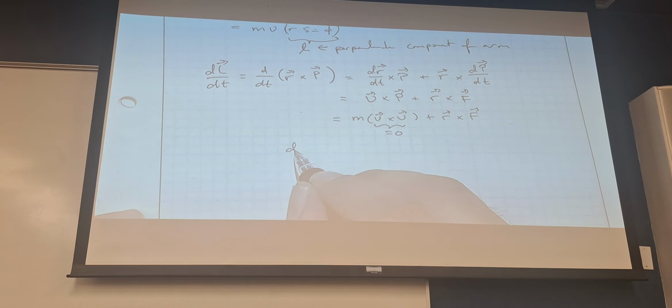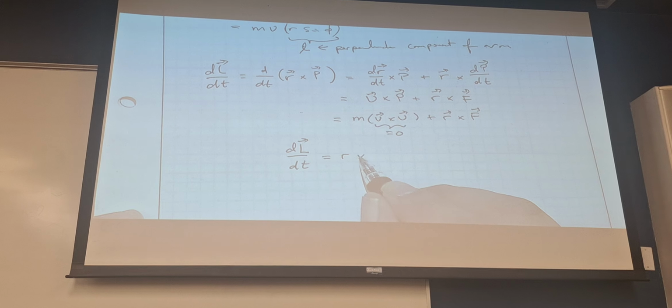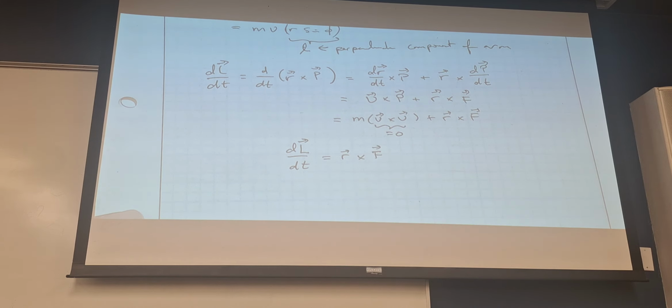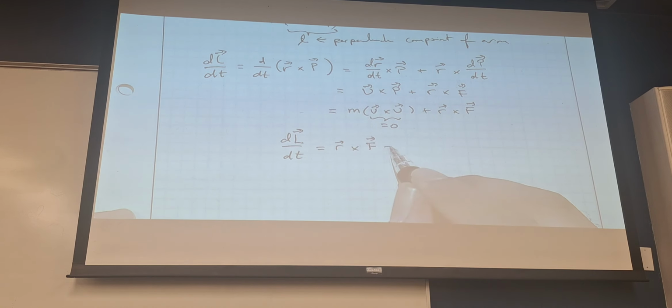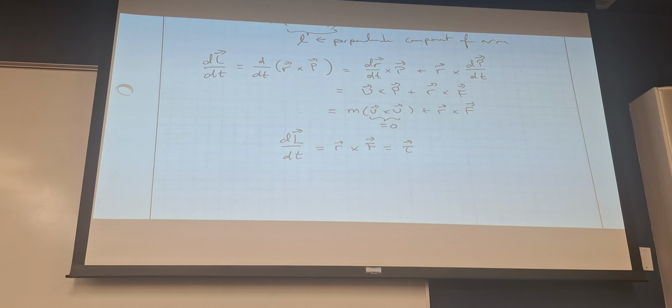And so dL/dt equals r cross F, which is just your torque. So your torque is just the change in your angular momentum, just like your force is just the change in your linear momentum.